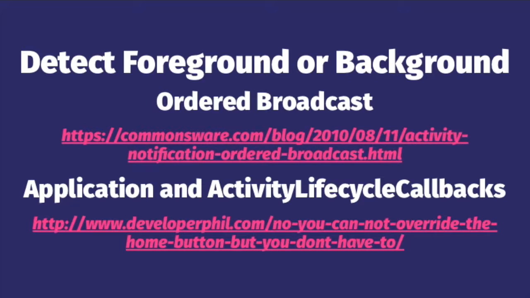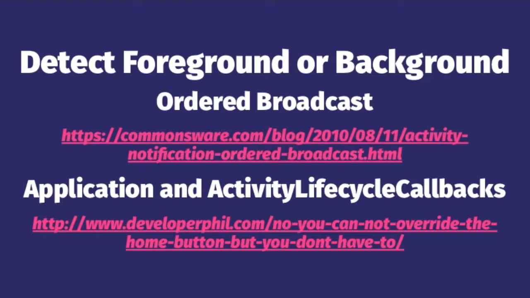There's another way that Philippe Breault has come up with that uses the application subclass and activity lifecycle callbacks that involves hooking into key methods like onTrimMemory and onResume, and also detecting the special case when your screen goes to sleep, I think. But there's a whole article about that. So I've chosen his technique, which gets me a variable in my application class, and I've just exposed a method to say, is my app in the foreground or the background?